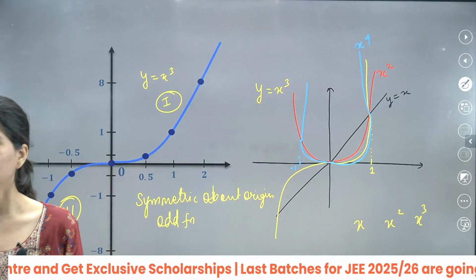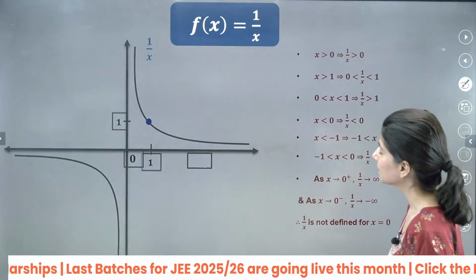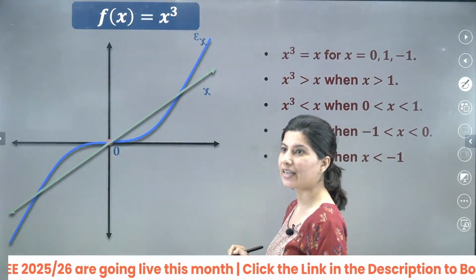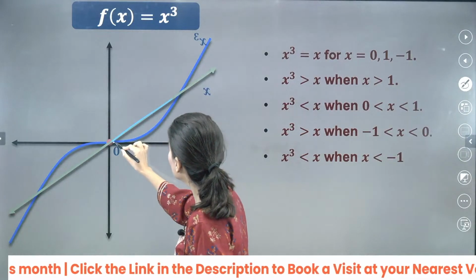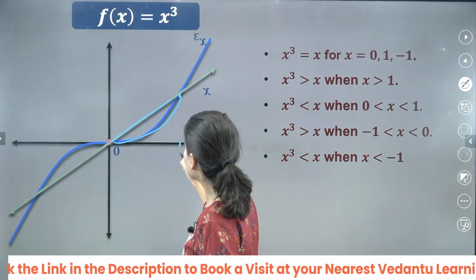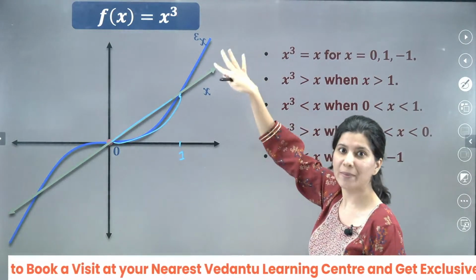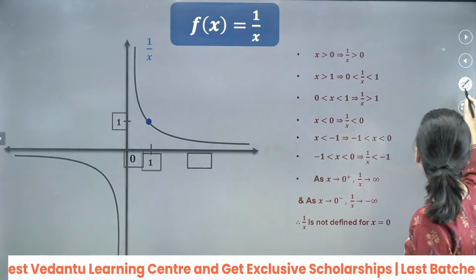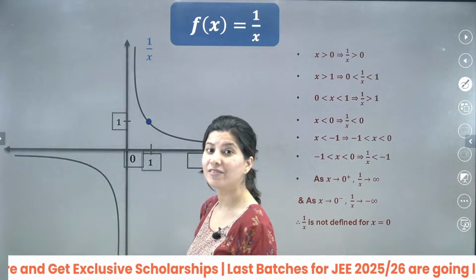Yes, clear. Now we are comparing y equals x and x cube. Obviously when x is a fraction, x will be bigger and x cube will be smaller, but after that x cube picks up and x will be lesser than that.